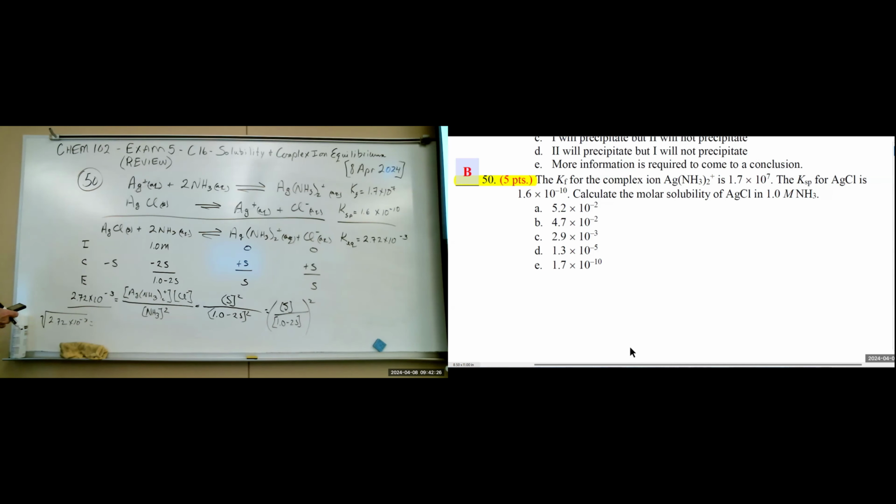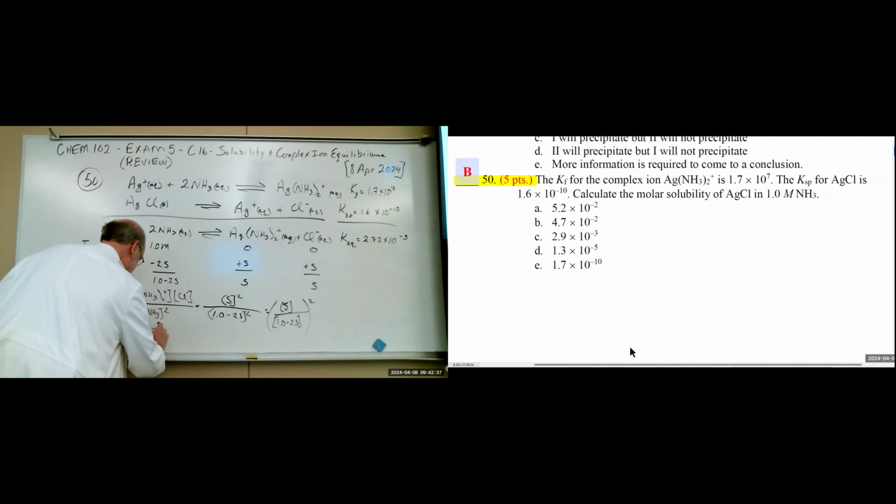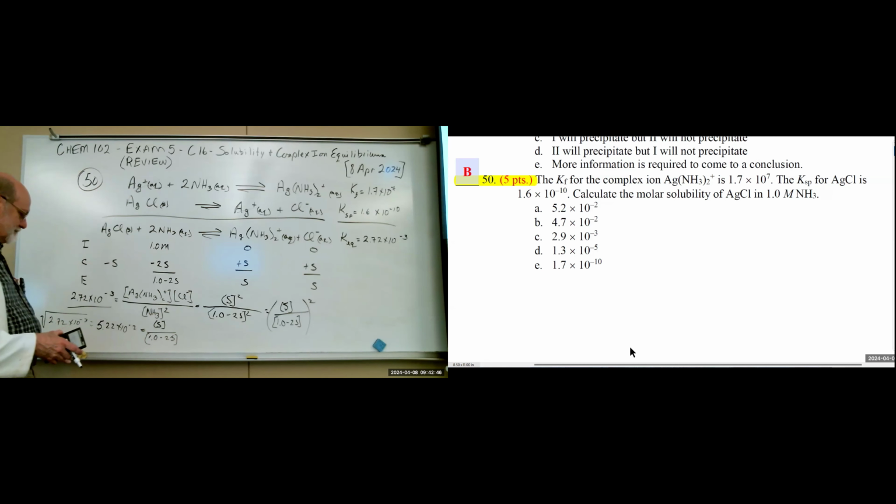I've already got it in my computer, so I'm just going to take the square root: 5.22 times 10 to the minus 2 equals S divided by 1 minus 2s.